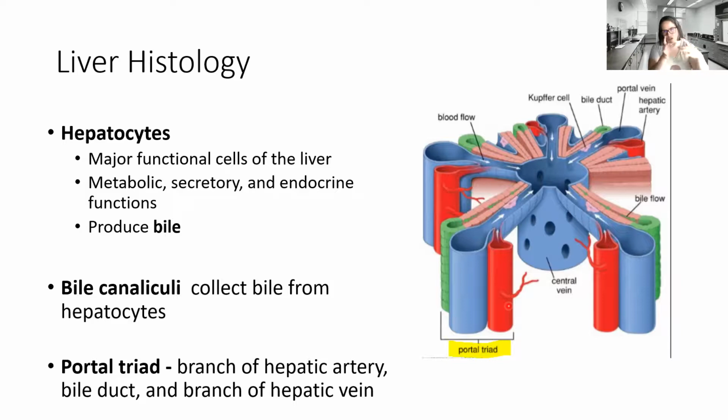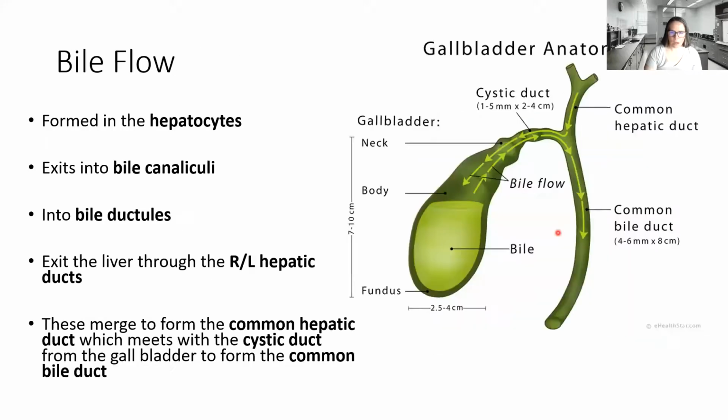So these triads are arranged around a central vein in sort of this pentagonal structure. And what happens is the bile is produced there through the bile canaliculi, which means little canal, into a little bit larger tubes called bile ductules until we reach these two here.